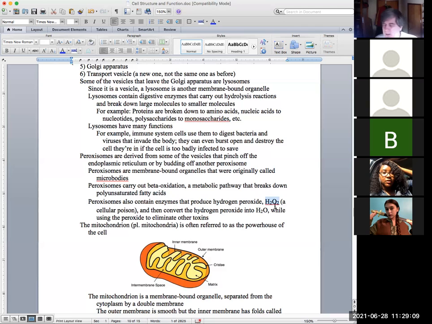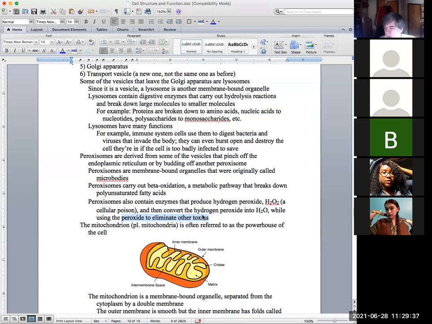And hydrogen peroxide is a cellular poison. So why are they making a poison? Well, because peroxisomes convert hydrogen peroxide into water. But the peroxide can poison bacteria cells because bacteria cells usually can't break peroxide down into water. So as a result, they get poisoned by it.